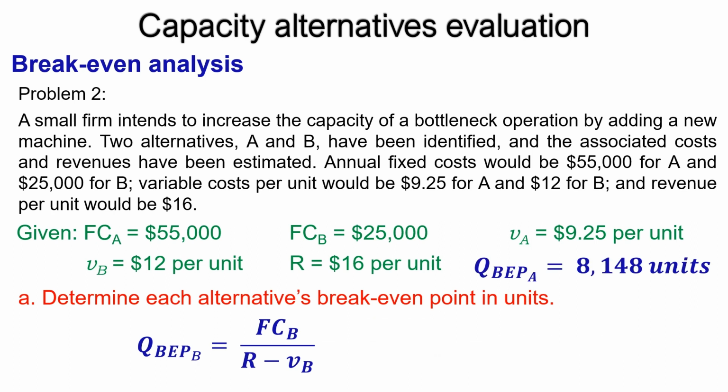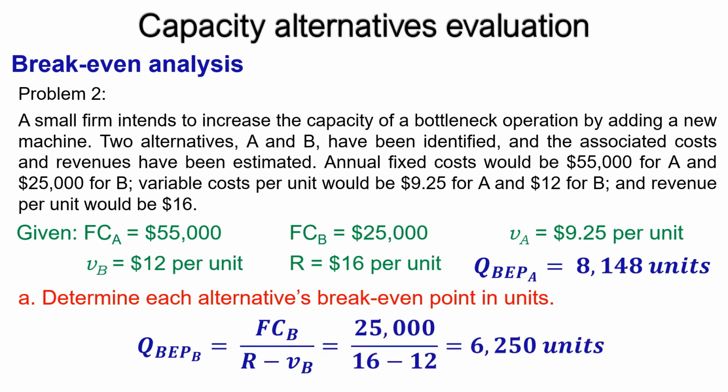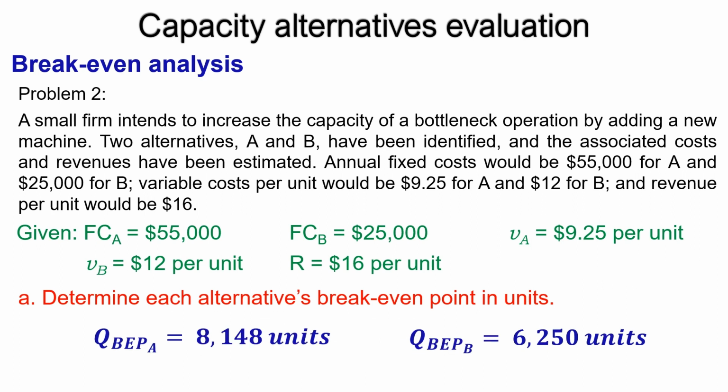And QBEPB equals FCB divided by R minus VB equals 25,000 divided by 16 minus 12 equals 6,250 units.